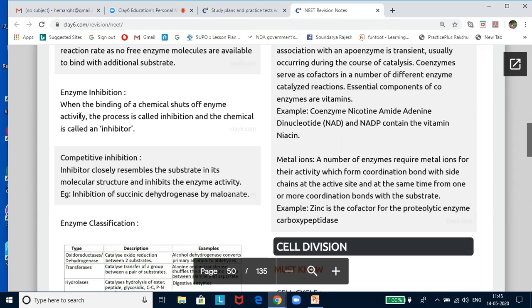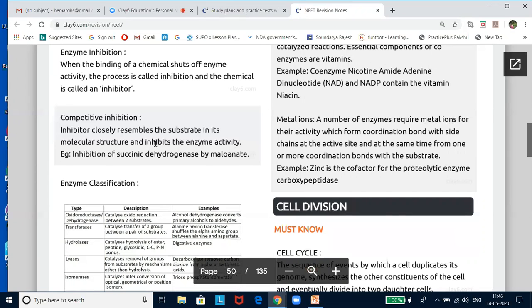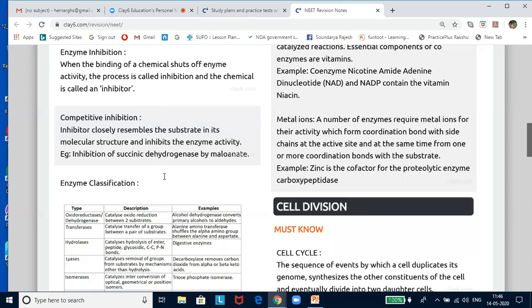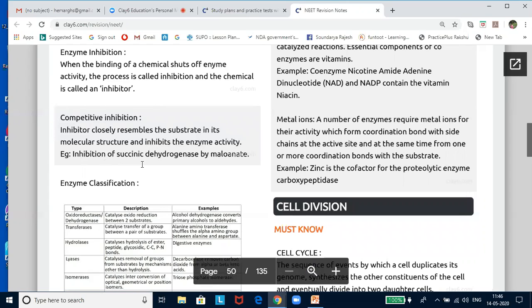As a result, it will block the active site, and the active site is not able to understand whether it is the substrate that has come to it or the inhibitor. So it is a mimic that has come and joined with the active site. When that happens, enzyme activity will be suppressed, and this is known as competitive inhibition. An example is inhibition of succinic dehydrogenase by malonate.